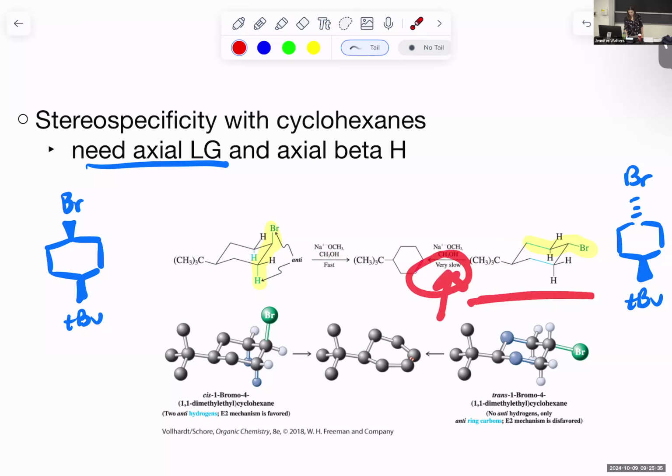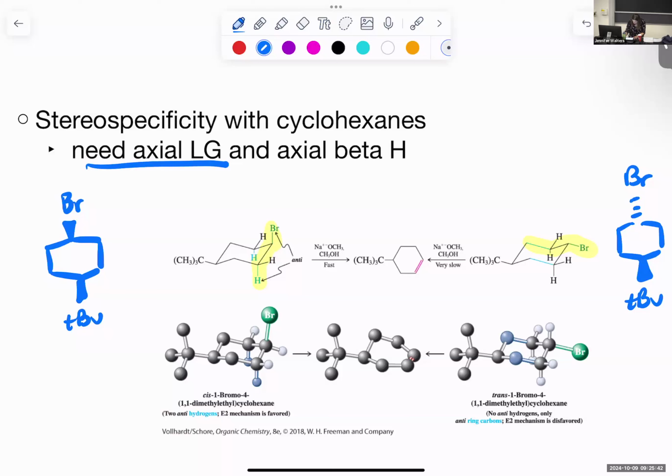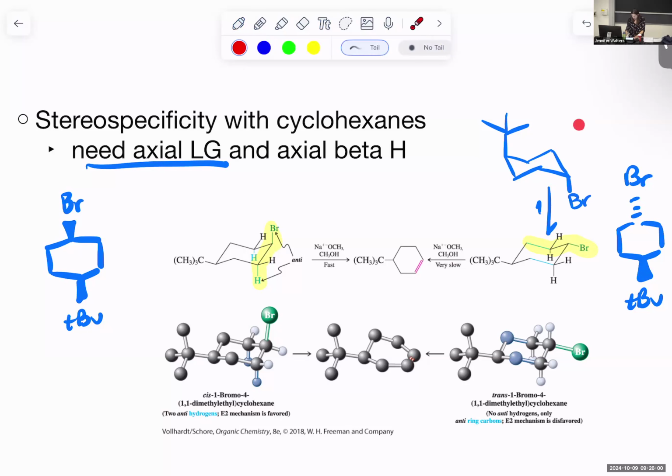It's so very slow because in order to have the reaction occur, I have to do a chair flip that forces that tert-butyl to now be axial. So I'm going to get a massive 1,3 diaxial interaction. So this is unfavored, but that's necessary to actually get to that product, because then I get that antiperiplanar alignment.